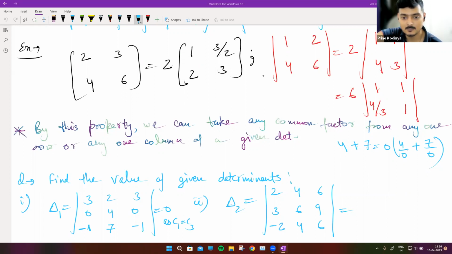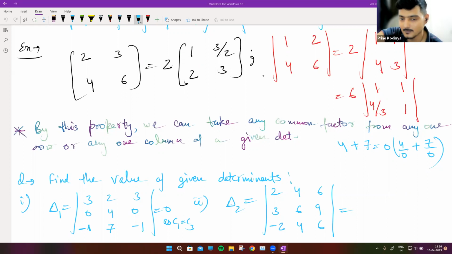Faiza, what can we take common here? Sir, the first row. What from the first row? 2. What will be the first row after taking 2 common? 1, 2, and 3. Correct. Can we take common from the second row as well? Yes, sir, 3. And what will the second row be? 1, 2, 3.